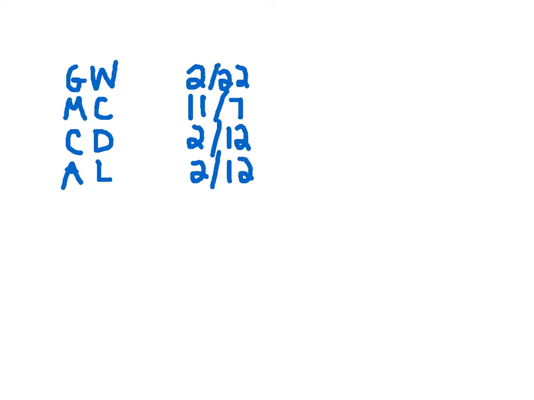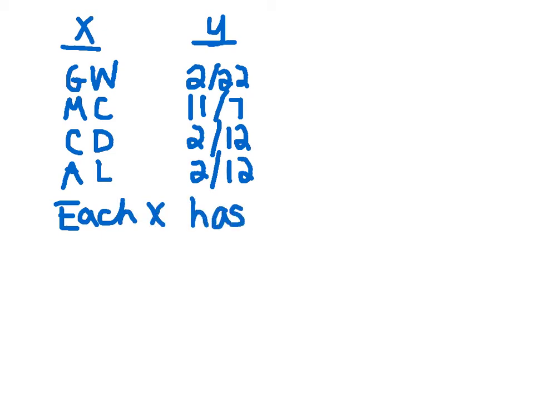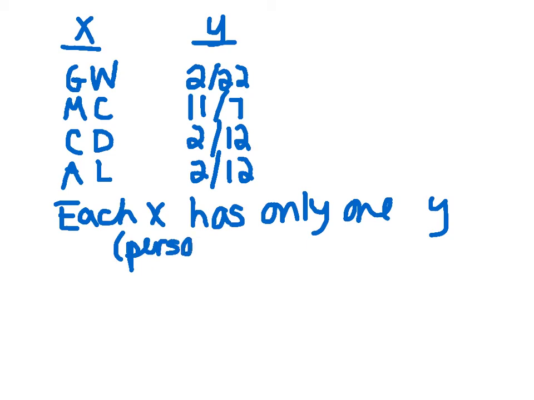This is a good illustration of an idea about functions, where if we think of this as the domain and this is the range, each x has only one y. In other words, each x, each person, has only one birthday.